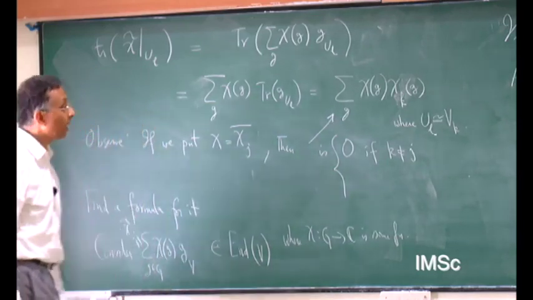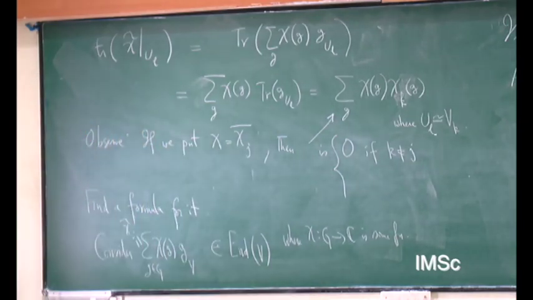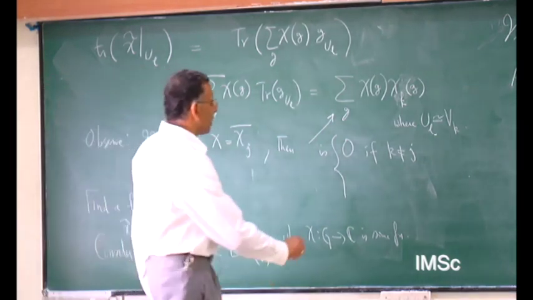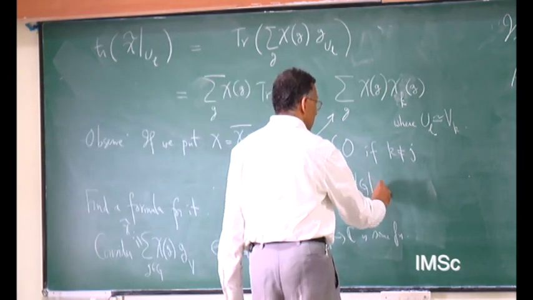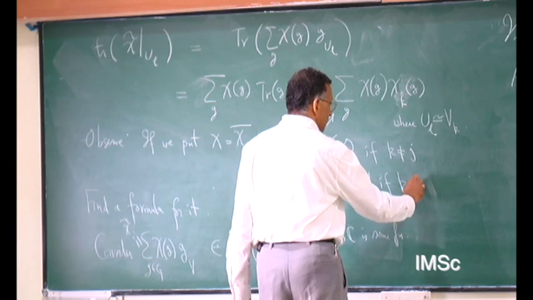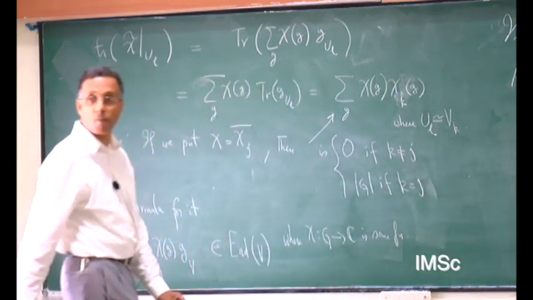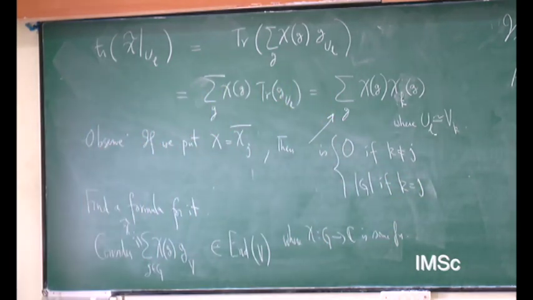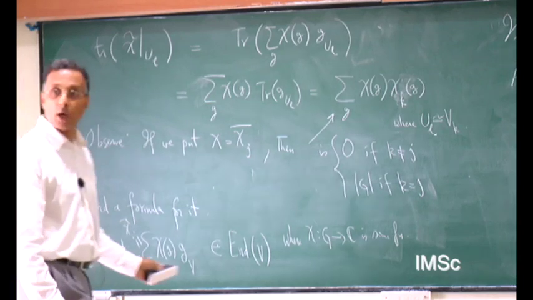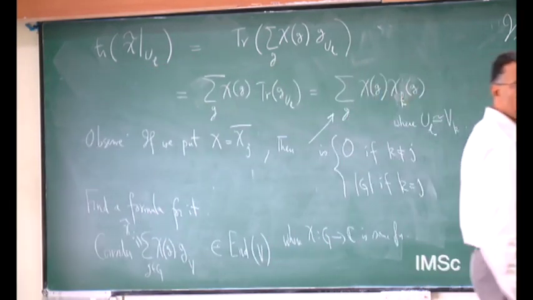And what is it otherwise? The cardinality of G, if k equals j. So it seems to do what I want, except that I have to appropriately normalize it.